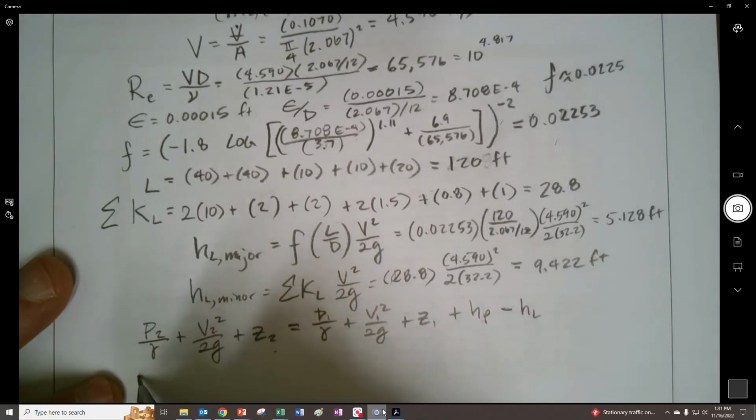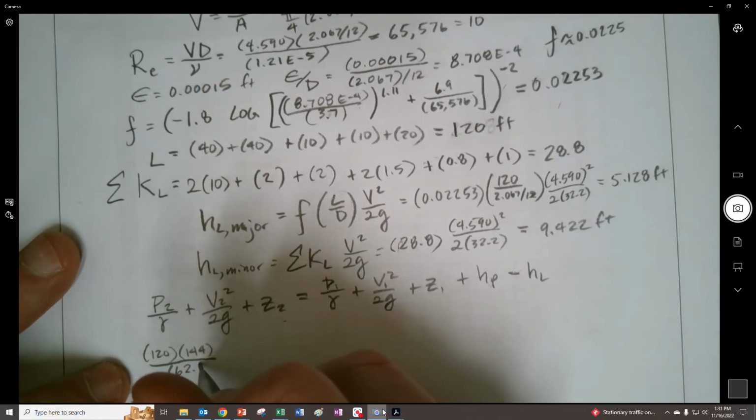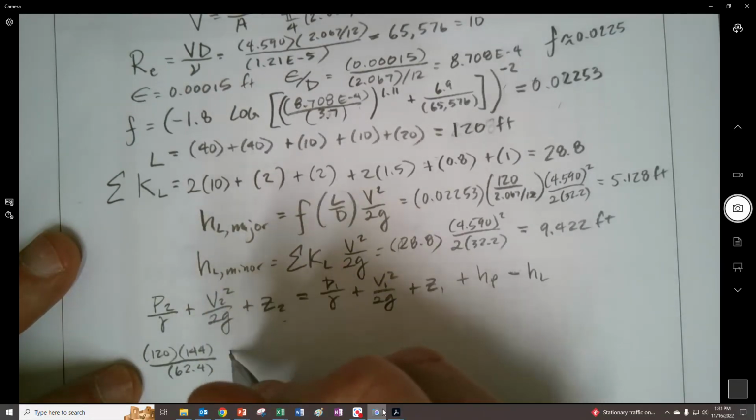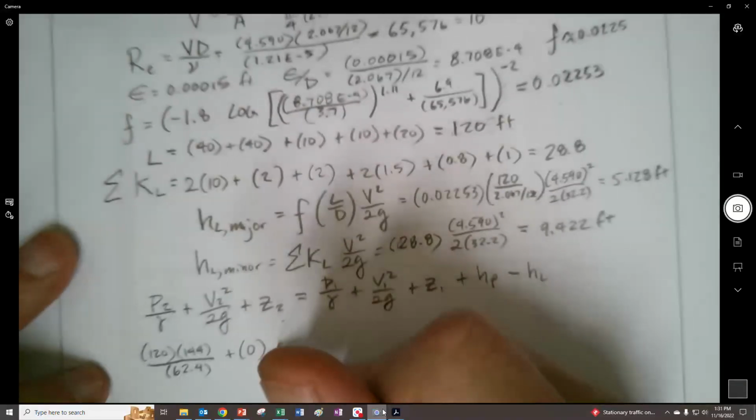So P2, where we're at, is 120. We need to multiply that by 144 to get in pounds per square foot, and then divide by our gamma, 62.4, specific weight. This is going to be 0 at the surface of the tank.